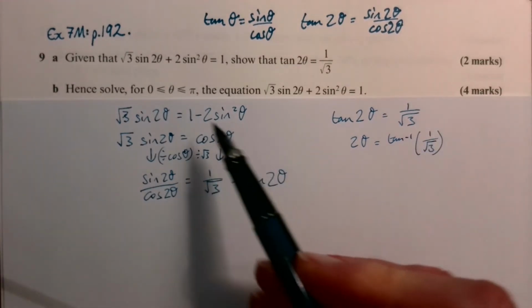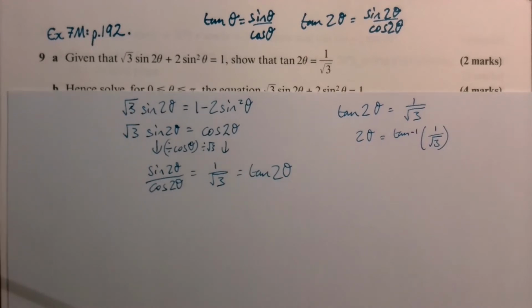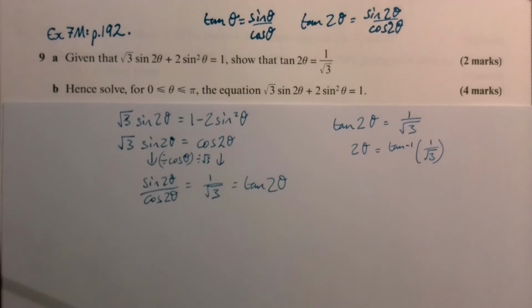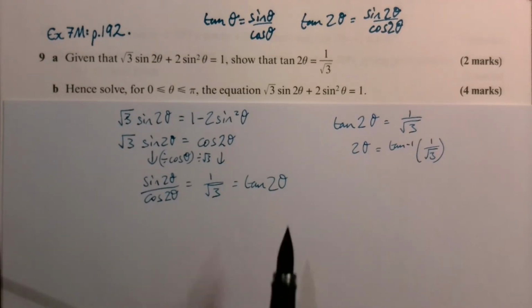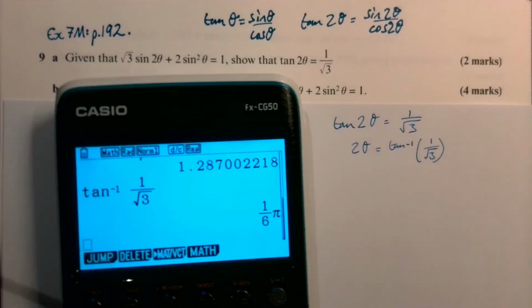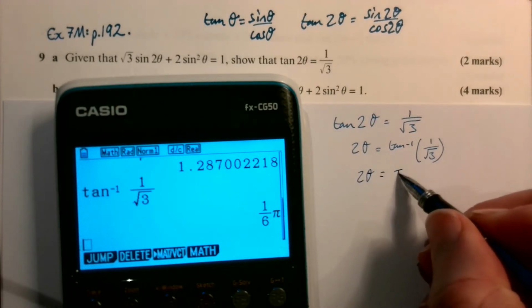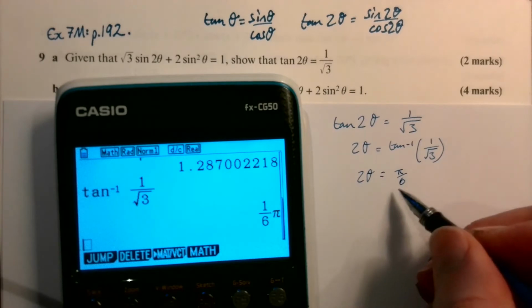Put that into the calculator, remembering to put it into radians first because I want it between 0 and pi. But because we're doing 2 theta, we're going to need to make a little sketch up to 2 pi, aren't we? So that's giving me 2 theta is pi over 6.